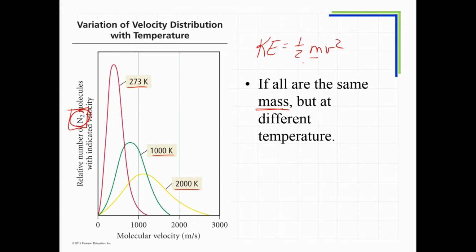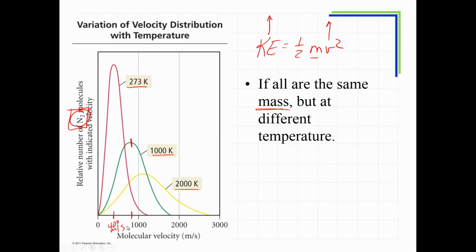If the mass is not changing, if the kinetic energy is going up because the temperature is going up, then the velocities have to be getting greater, moving faster. So what's the average speed of these guys? That's down here, maybe around 400 meters per second. So we raised it up to 1000 Kelvin.